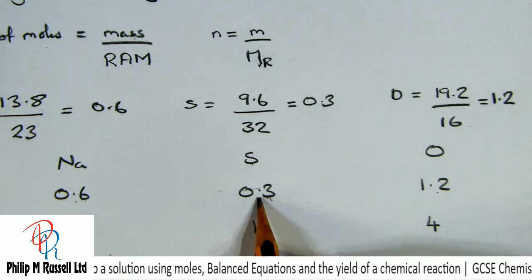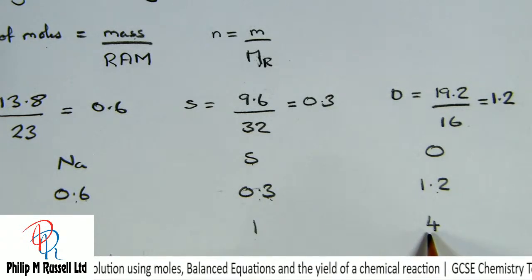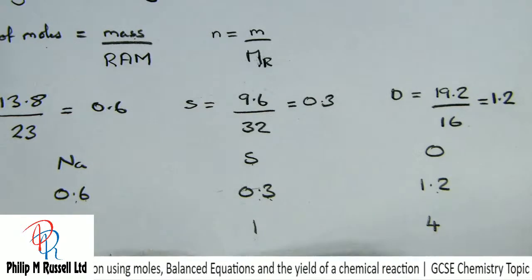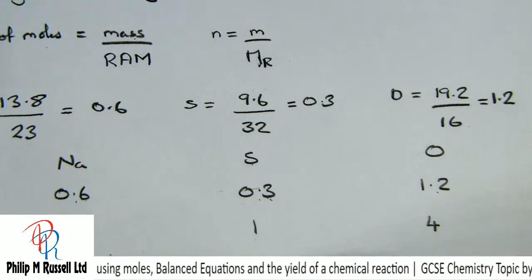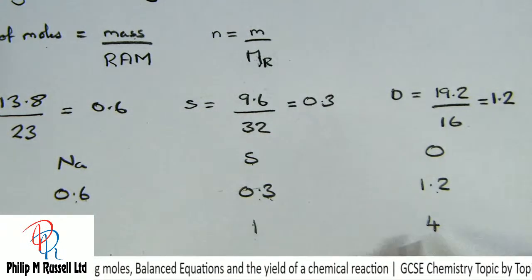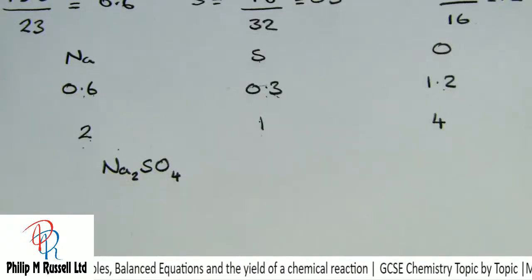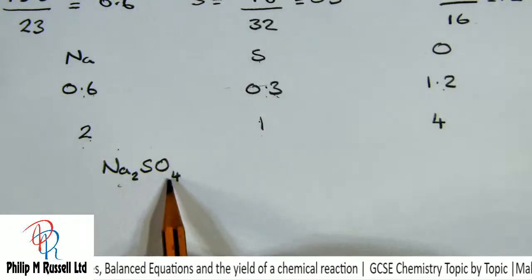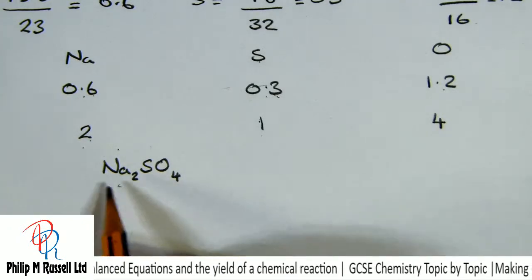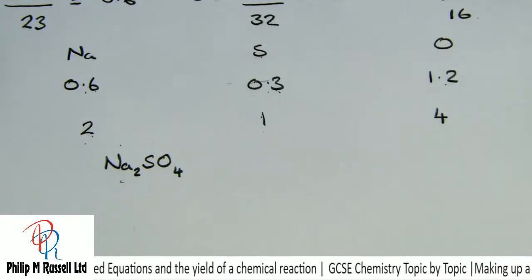These may not exactly work, in which case you want to get the nearest whole number. So we've got 2 sodiums, 1 sulfur, and we have 4 oxygens. And there we are, Na2SO4. Not surprising really. I worked it out beforehand.